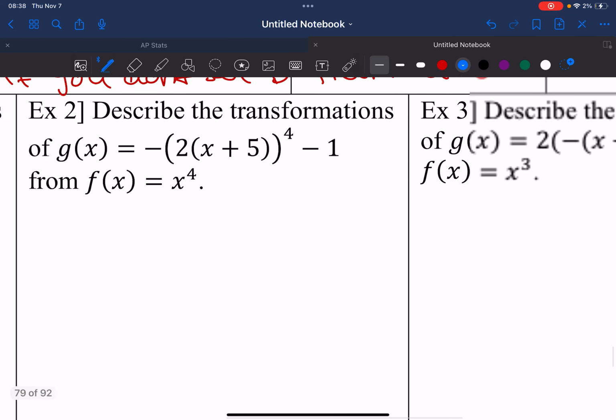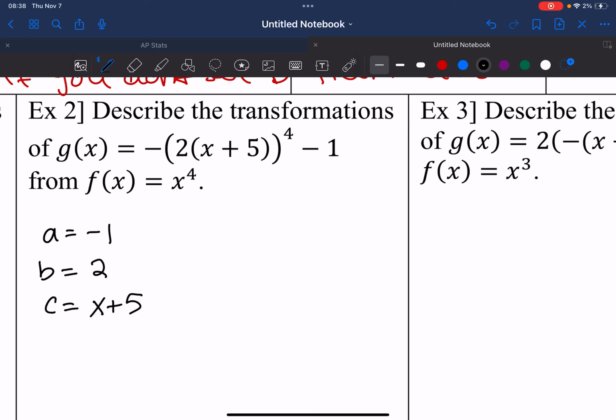Okay, example 2. Our A is -1. Our B is 2. Our C is X plus 5. And our D is -1. So this tells us we have a reflection over the x-axis.